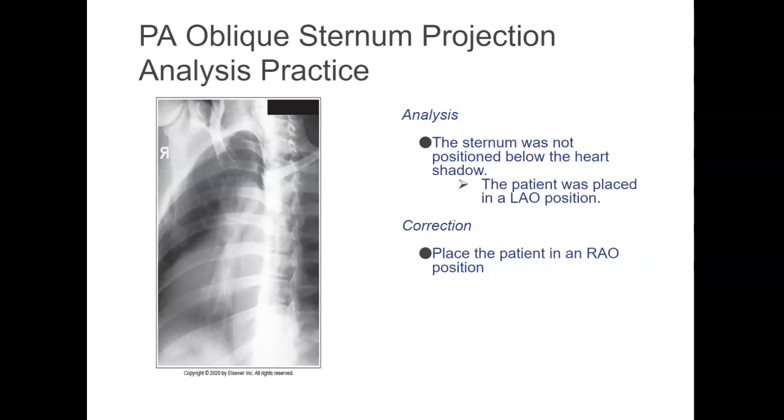First, we should notice that the sternum is not located over the heart shadow. This should indicate to you there is a positioning error. This patient was actually placed in an LAO position, where the left anterior portion of the body was closer to the IR. To correct this imaging error, we need to place the patient in an RAO position, where the right anterior side is closer to the IR.